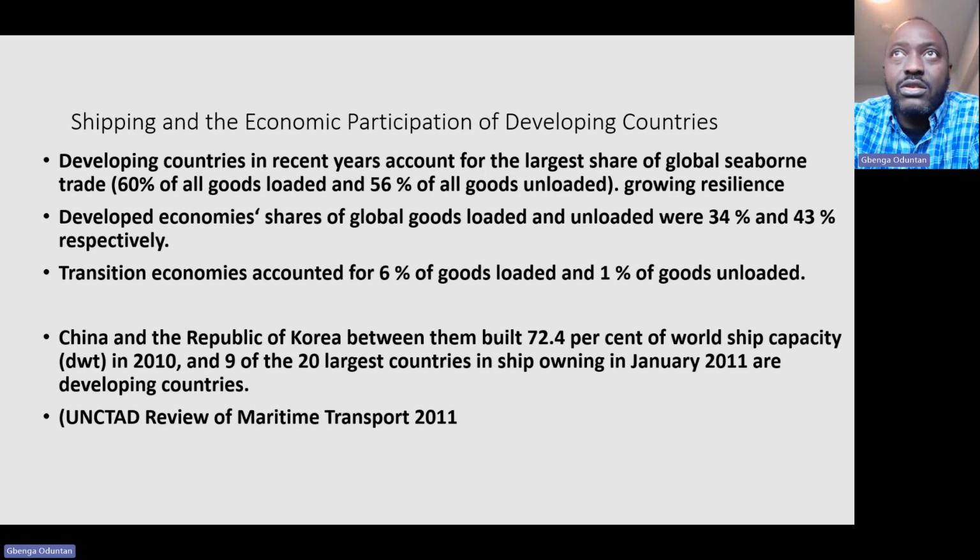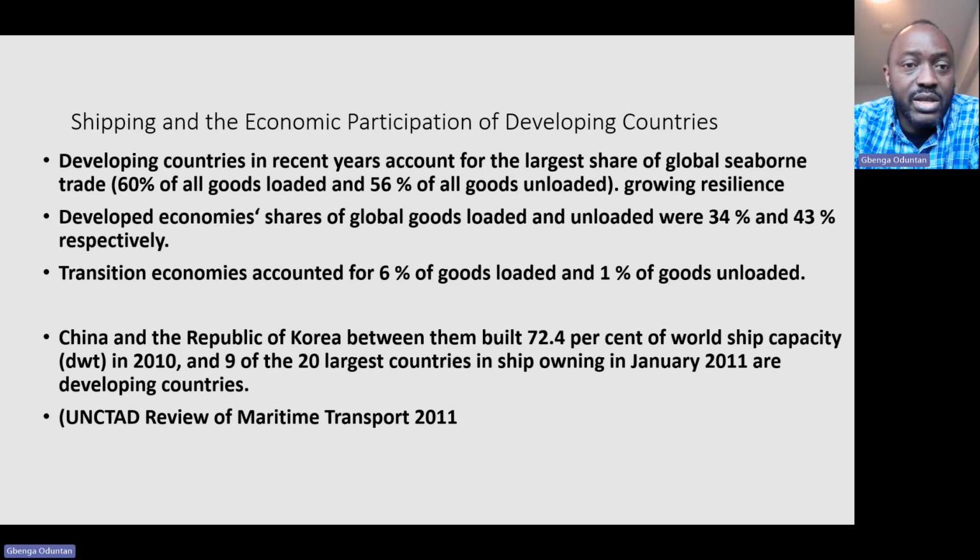But what is also beginning to be clear is that developing states are also beginning to literally take over maritime transportation. They do so in so many ways, some substantive, some less consequential, but the trend in maritime transportation, in maritime contracts, is going in the favor of developing states.